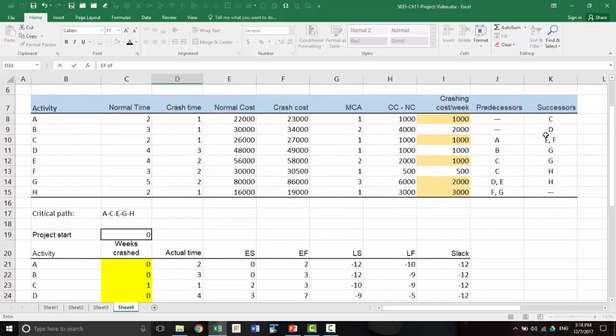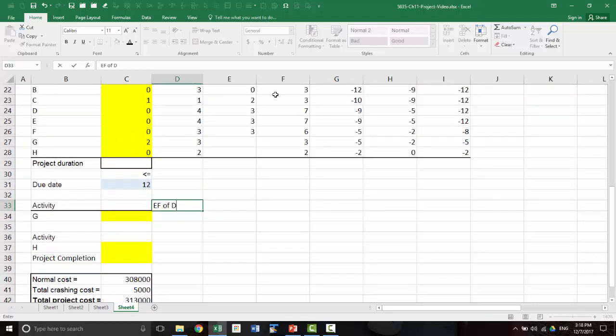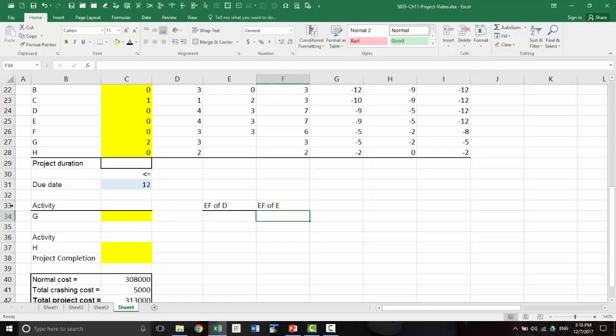Remember predecessors are D and E. So early finish time of D, and early finish time of E. So that value must be greater than or equal to both of them.